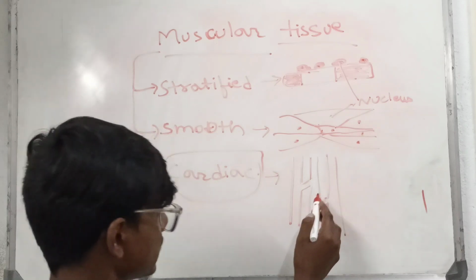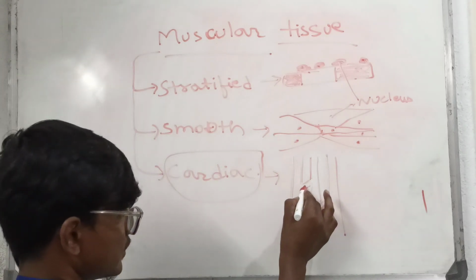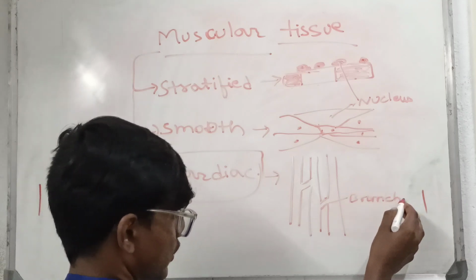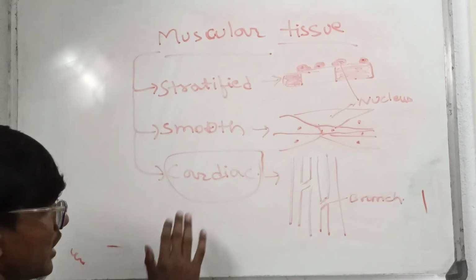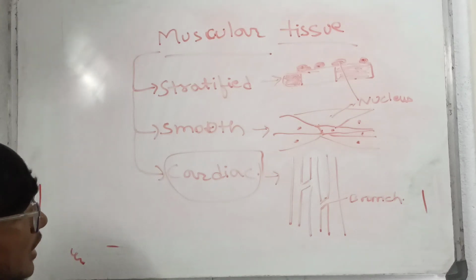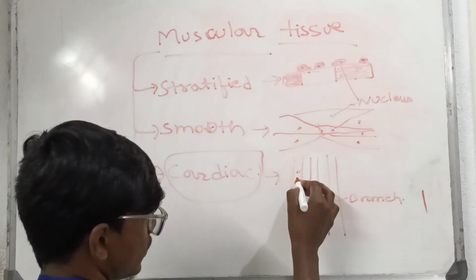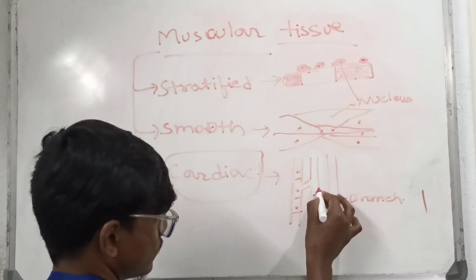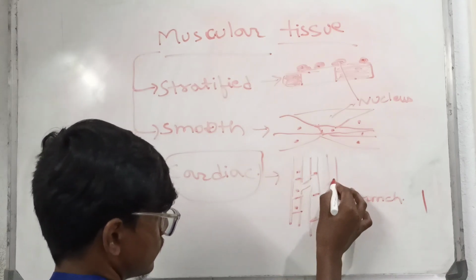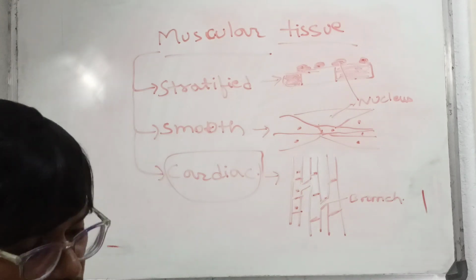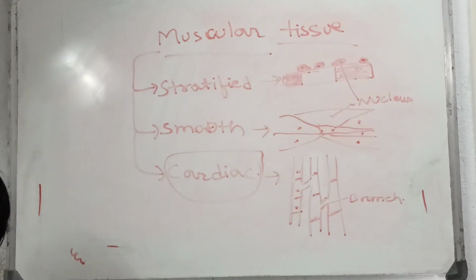So this is branched in nature, okay, and it will have the nucleus. So this cardiac muscular tissue will be found in the heart, okay.